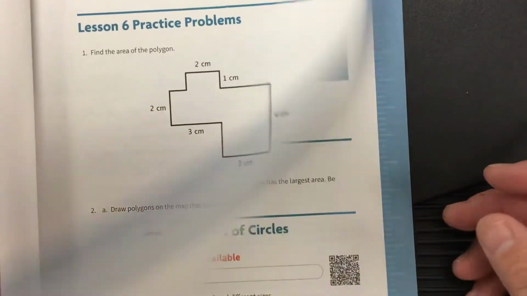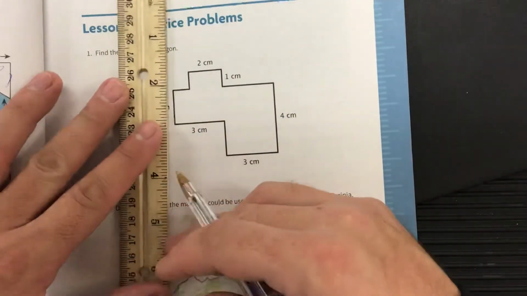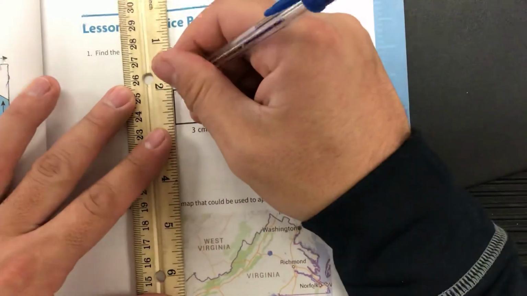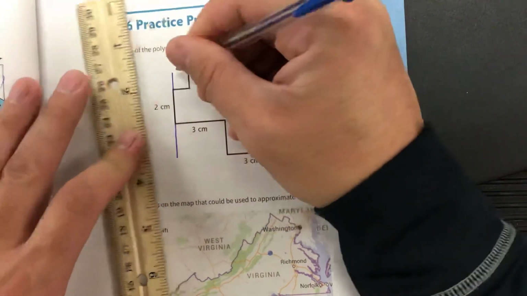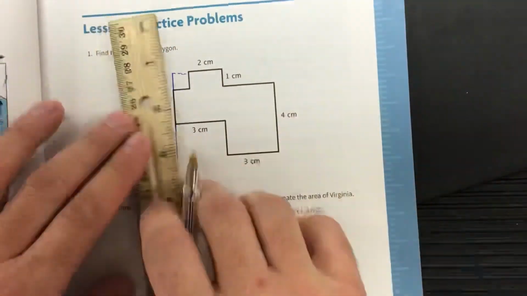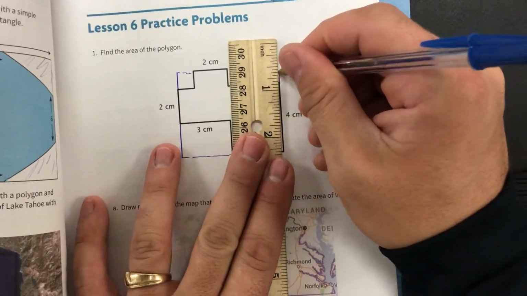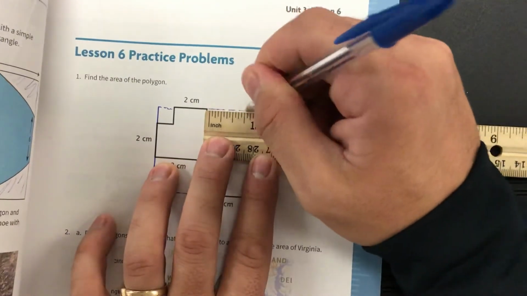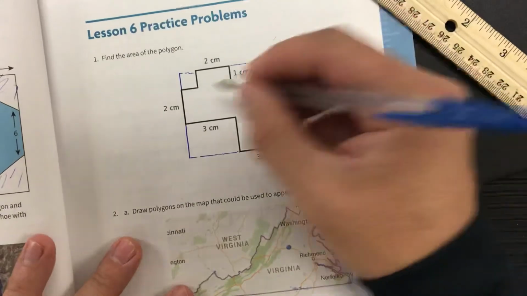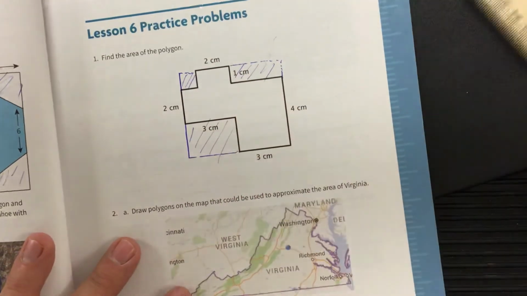Okay, page 51, start of your homework. Again, I would make this, Maverick, you don't actually have to measure anything. I would make it one big rectangle, and then subtract the area of the missing pieces.